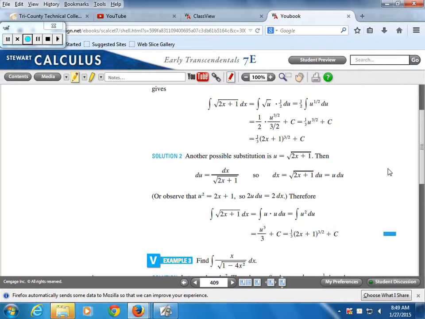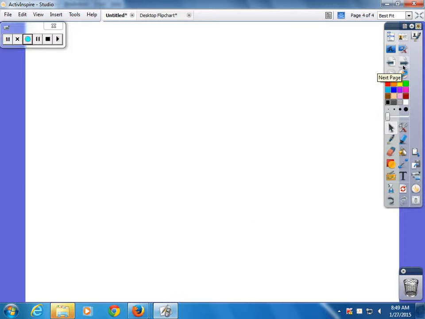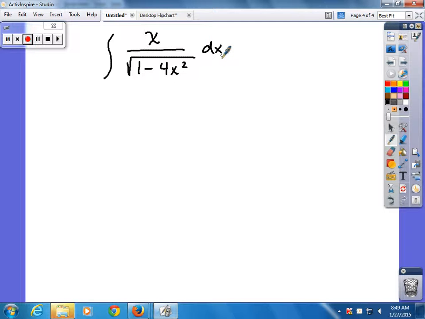Give y'all a second to write that down, and then I'll write it down. x over the square root of 1 minus 4x squared dx. Little tricky.